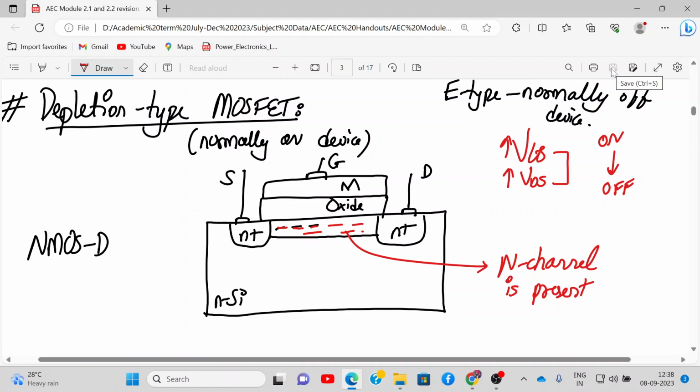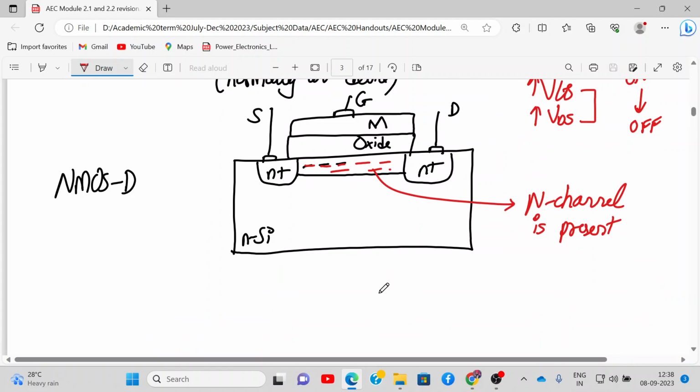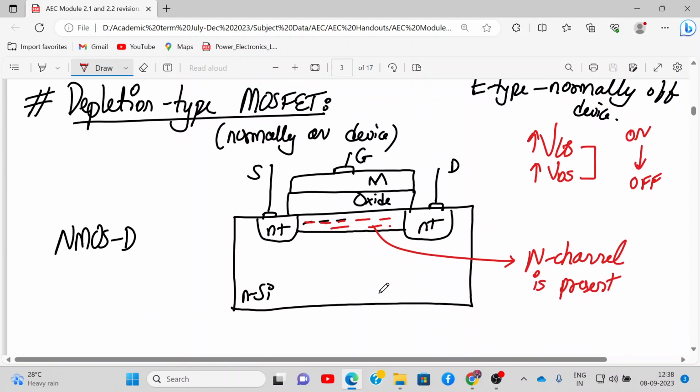Depletion is a normally on device and enhancement mode is a normally off device. Rest, working-wise everything is the same. Can we move on to the characteristics now?